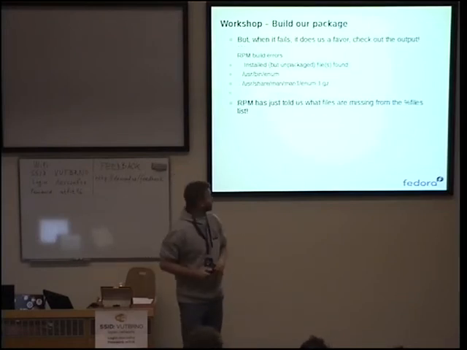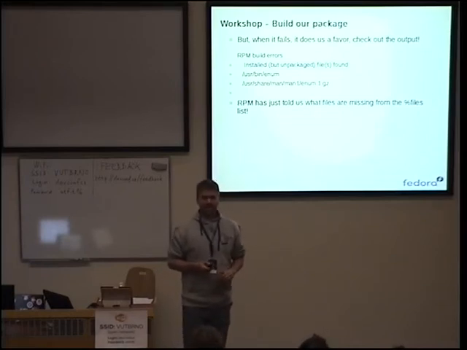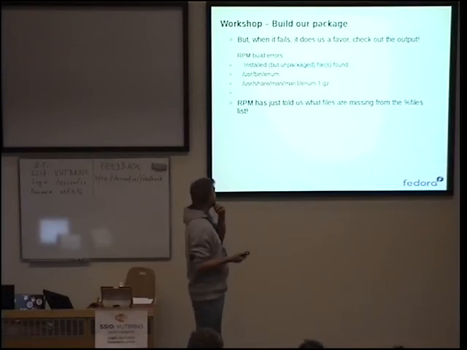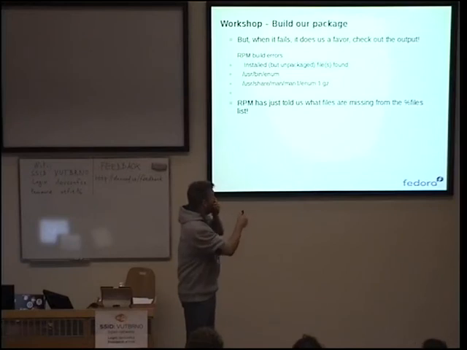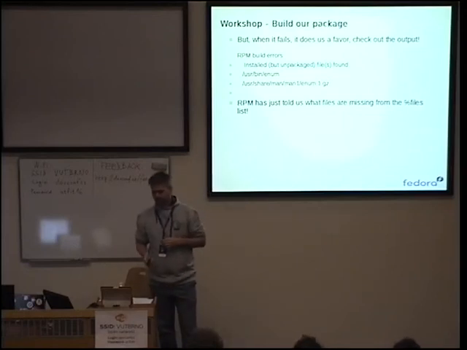Yeah, this error. What RPM does is basically give us the list of the files we want to install. So if you copy and paste this into the file section, you are basically done.